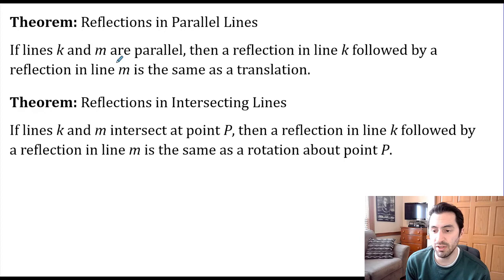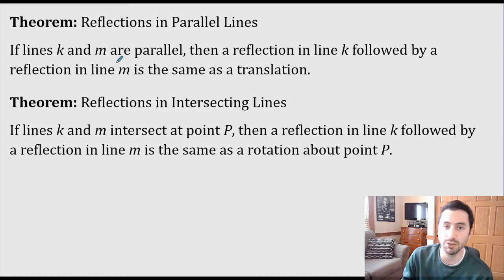And the property we saw with this one, the angle between our two intersecting lines, so the angle formed by K and M, your rotation is going to be an angle that's twice as big as that angle between K and M. So two neat properties, two double reflections that are the same as some of our other transformations.